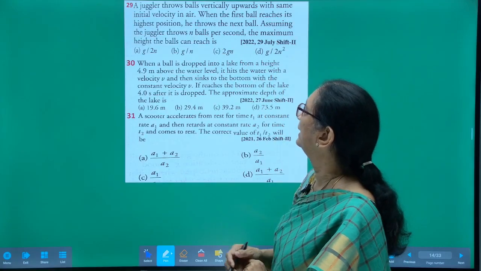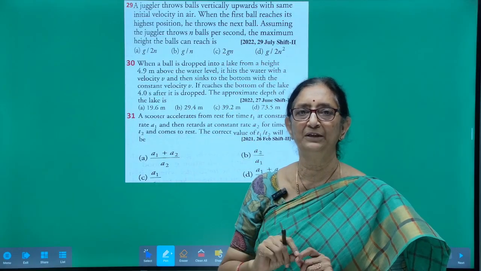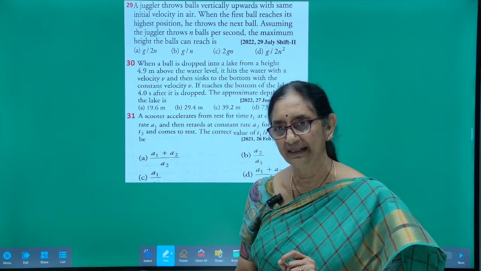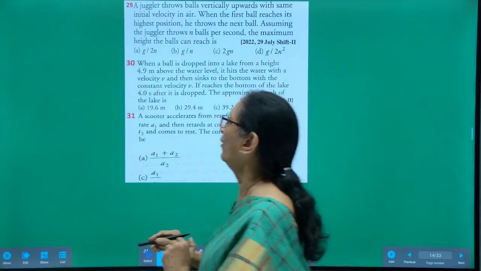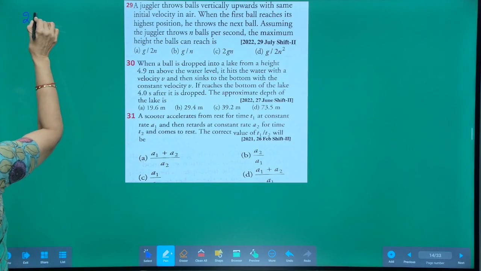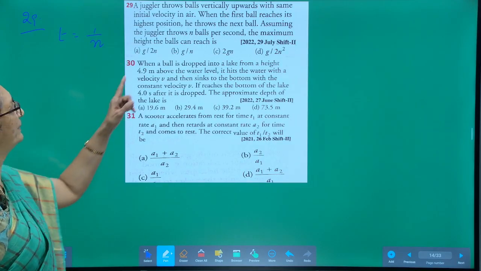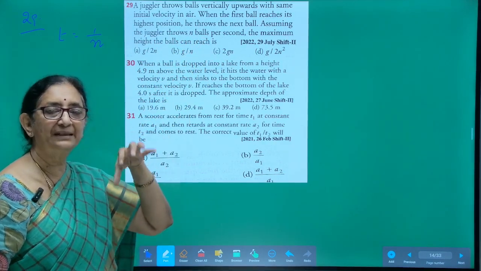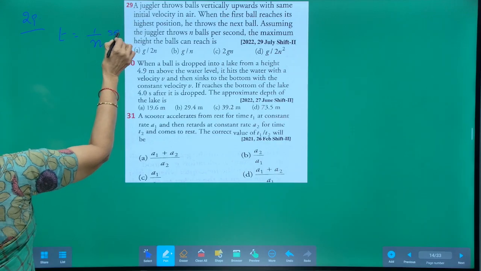And he is throwing n balls per second. So by the time the first ball reaches the maximum height, the second ball is about to be thrown. Meaning the time of ascent is 1 by n. Number of balls thrown per second is n. So, time taken by each ball to reach the maximum height is 1 by n seconds.